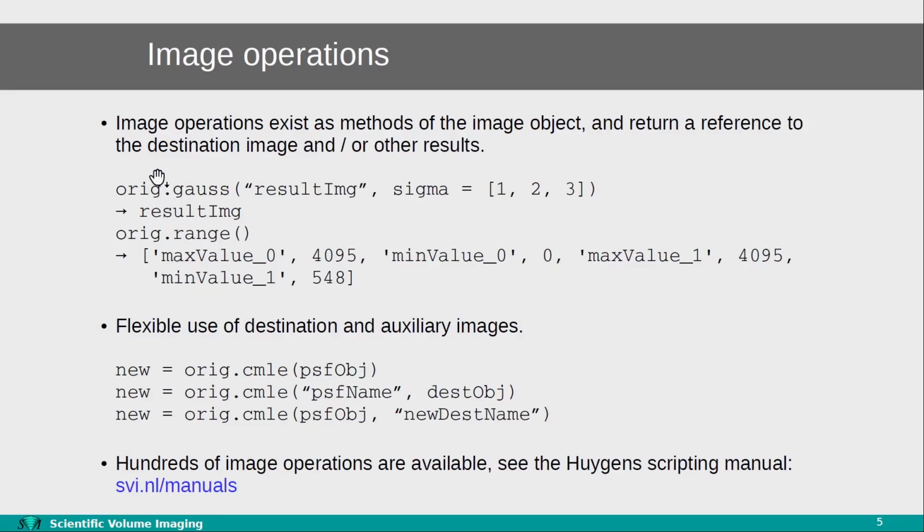So for example, if we have an image called orig and we want to perform a Gaussian blurring operation, we can do orig.gauss, and then we have to specify the name of a new result image, and optionally we can also specify some extra arguments, so in this case the sigma of the Gaussian blurring.